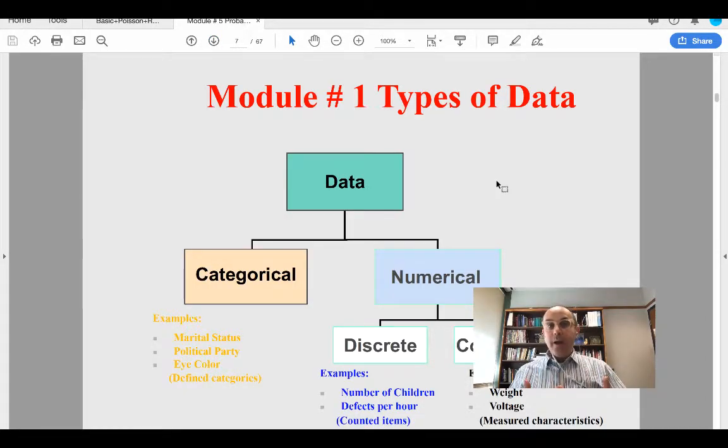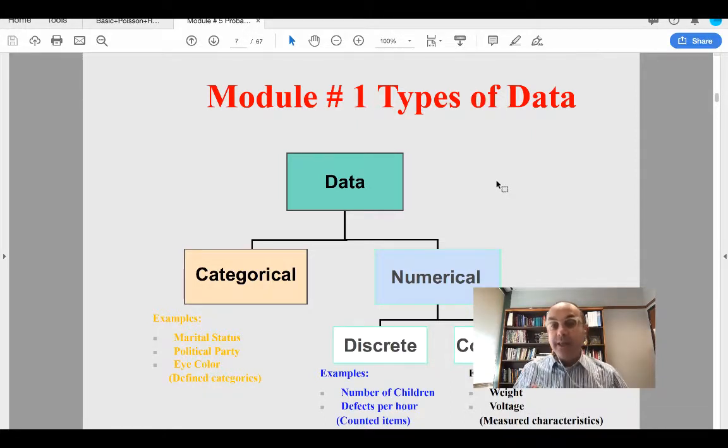Back to where we started in module number 1, types of data. We talked about categorical data and numerical data. Just a reminder, categorical data: are you married or not? What is your political party identification? What is the color of your eyes? Numerical has two types, discrete versus continuous. Discrete is the number of children.